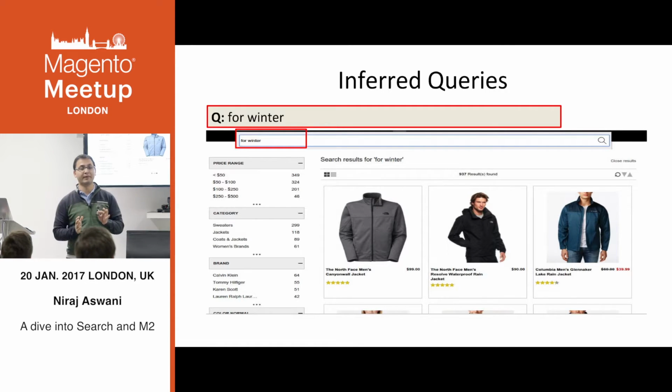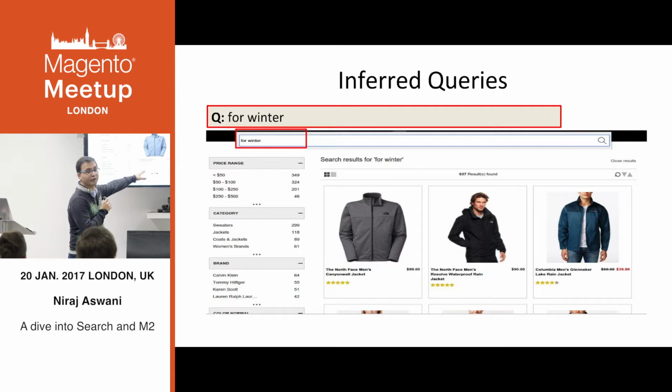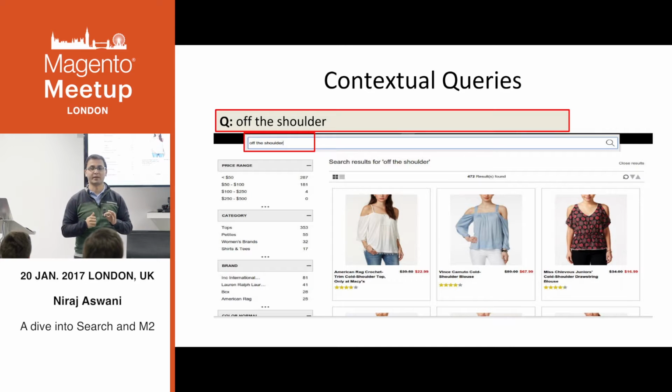I don't know what will help me in the winter. I just want to say, clothes good for winter. And I want to see the relevant products back. Contextual queries, off the shoulder. Now, what could be the possible products matching this query? So dresses are one thing, of course. What else?